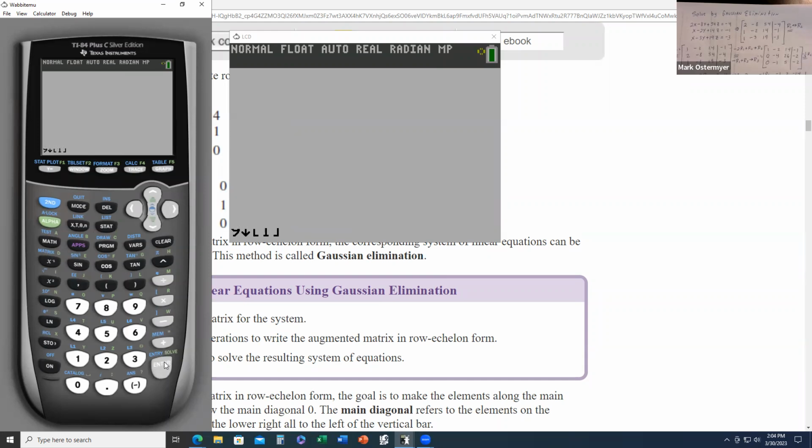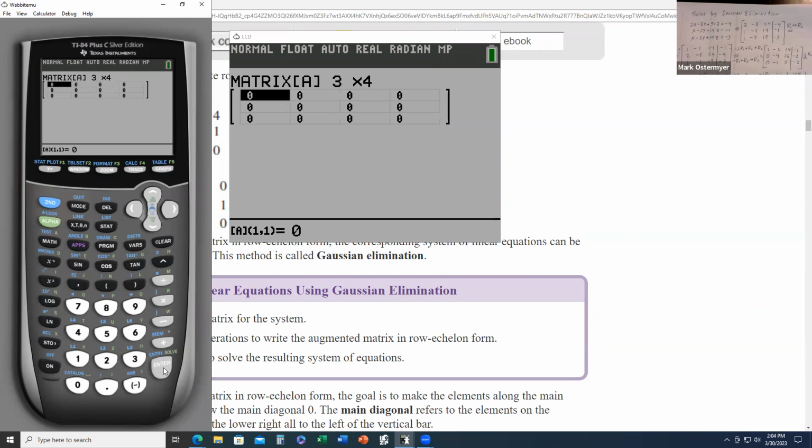Now hit enter. Now we need to establish how many rows by how many columns our matrix is to be. This is to be a 3x4. So you type in 3, enter, 4, enter, a 3x4 augmented matrix. Now we're going to type in the system here. We got 2, -8, 54, -4.